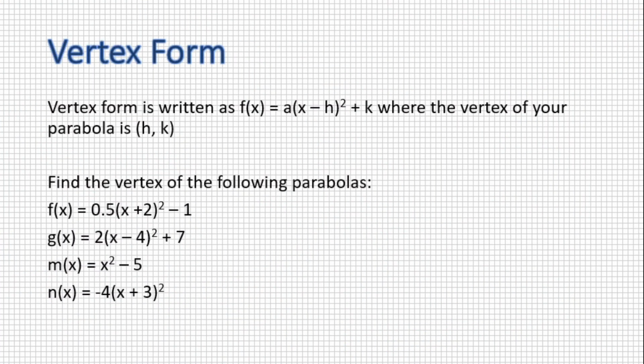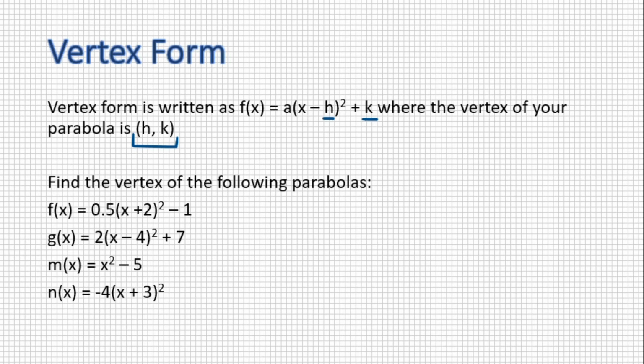I'd like to abandon standard form after that crap example, and let's head over to vertex form, which we didn't really investigate before. So when we see vertex form, it's written as f of x equals a(x - h)² + k. And the neat thing about this is that the vertex is the two numbers you see there, h and k.